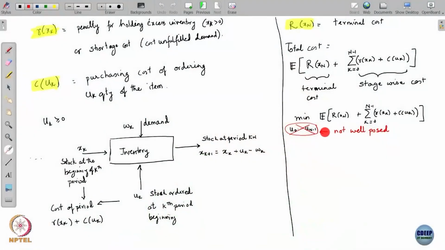So, this way of writing the problem, as I said, is not well posed here. Because this is not well posed, the right way of posing the problem is that we are not looking for actions u0 to u n minus 1, but rather functions.